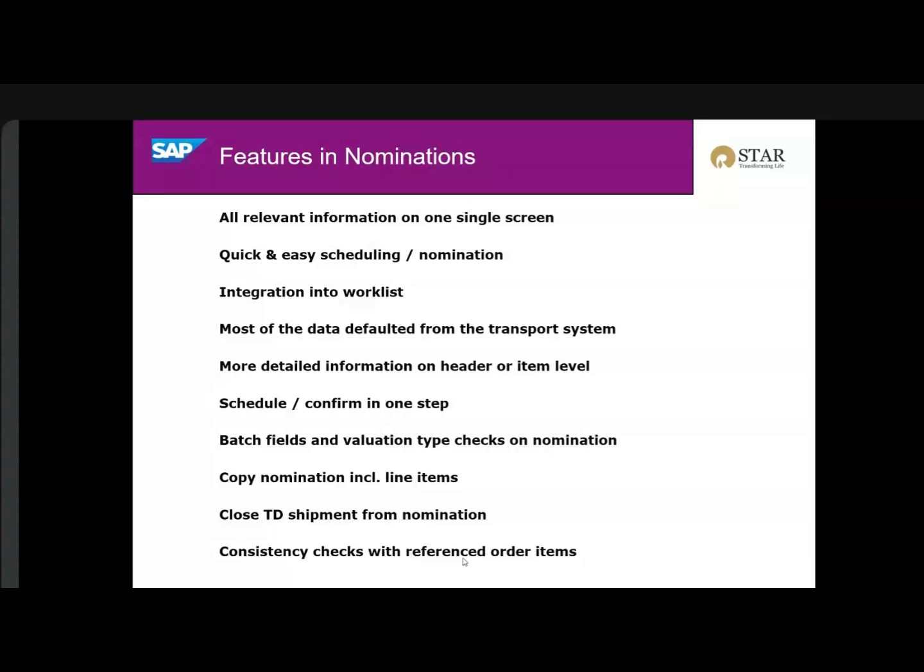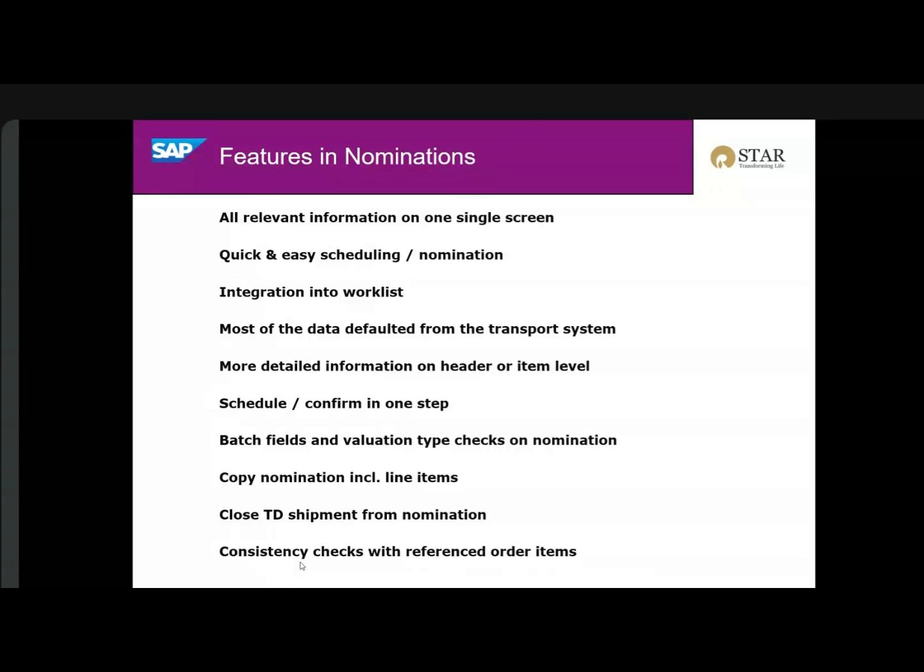Consistency checks with reference to order items. This is whether it is in line with the order and whatever document you are entering, a purchase contract or sale contract. That also is checked, whether it is inconsistent with the quantities or materials entered.